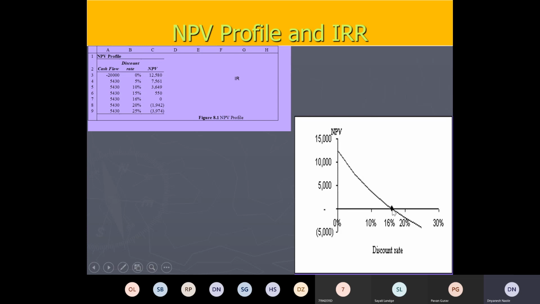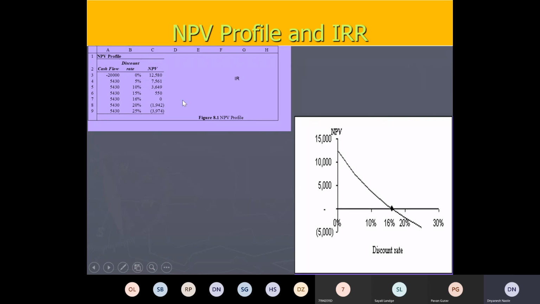If you take any discount rate which is higher than 16, what is happening here? Just have a look at the table. Any discount rate above 16 you take, it is coming as negative. Putting these values in brackets is a way of showing negative values in accounting books. So when you have a 4% increase in the discount rate, your NPV becomes negative, minus 1,942.